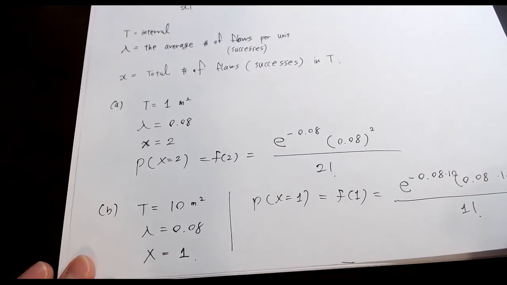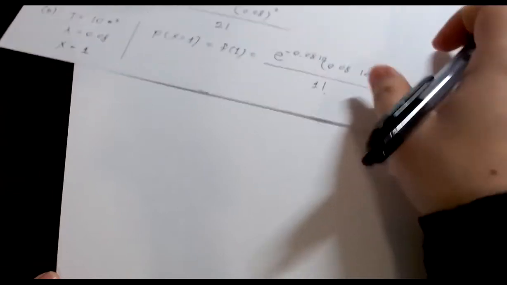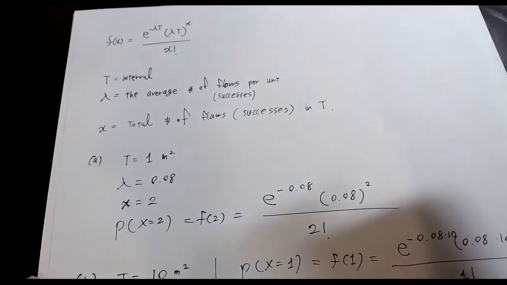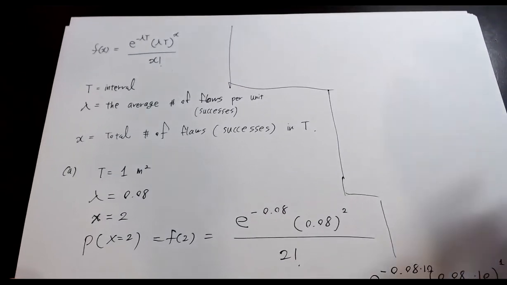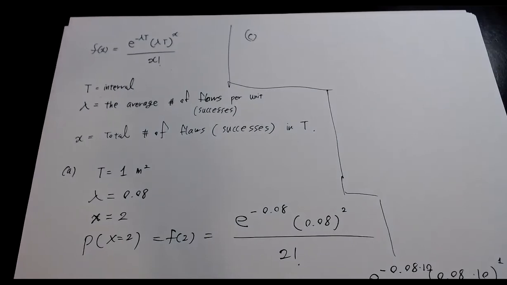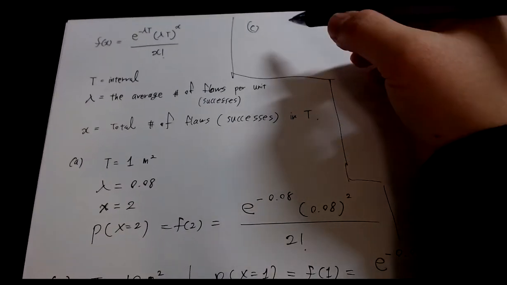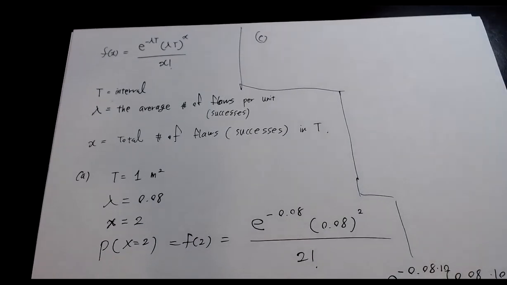Next problem. C: what is the probability that there are no flows in 20 square meters of cloth?